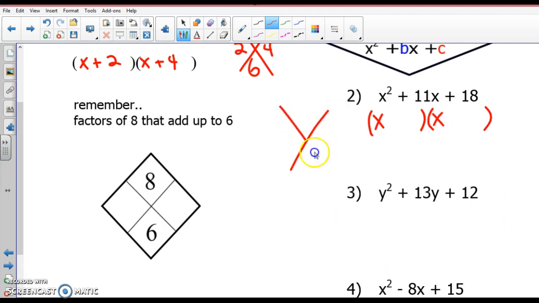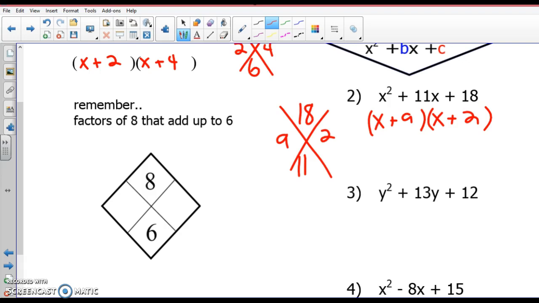Now, if you want to do your diamond, we need two factors that multiply to 18 and add to 11. This number always goes on top. Multiply to this, add to this. What two numbers multiply to 18 and add to 11? 9 and 2. So x plus 9 and x plus 2.